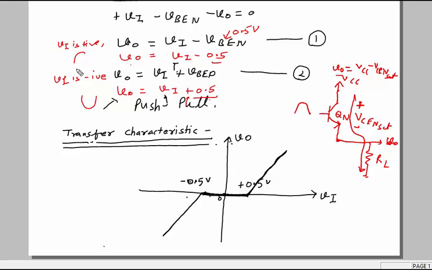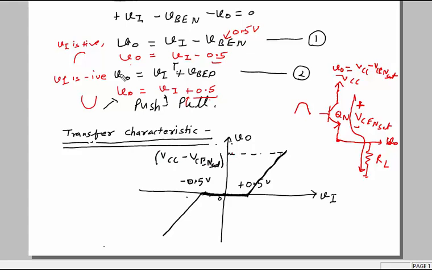This is the maximum value of V naught possible. So the maximum value here is VCC minus VCE when it is in saturation.